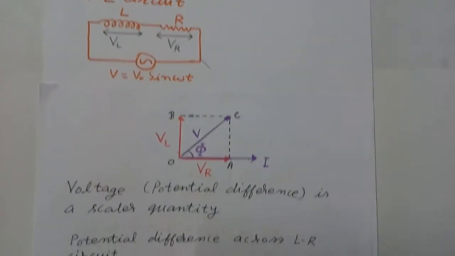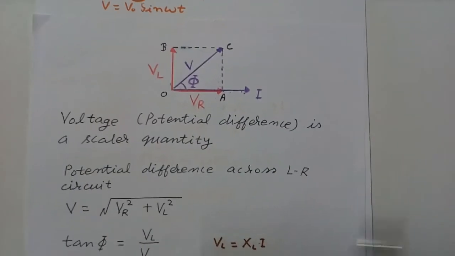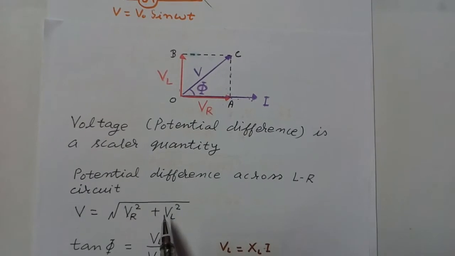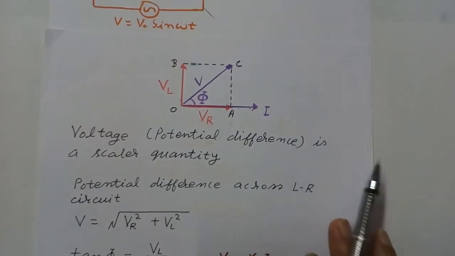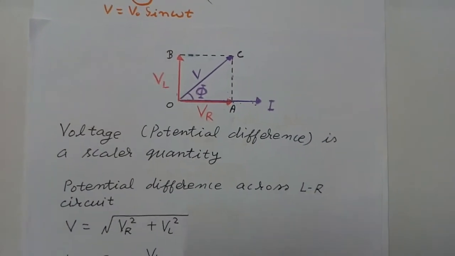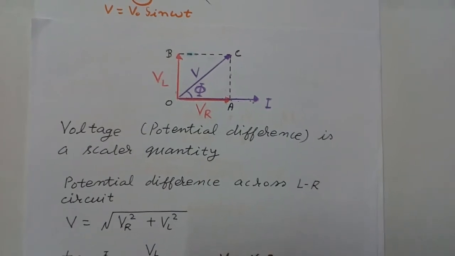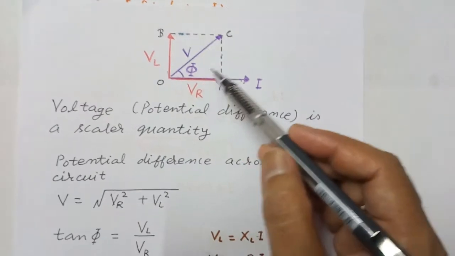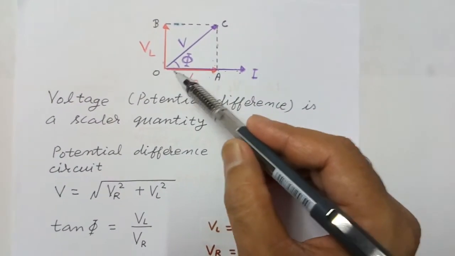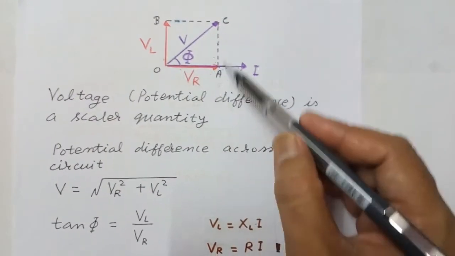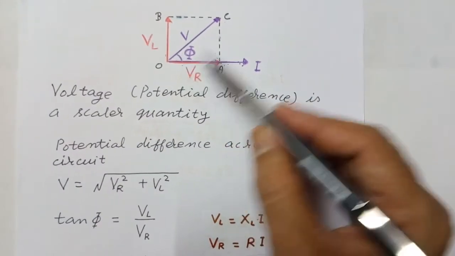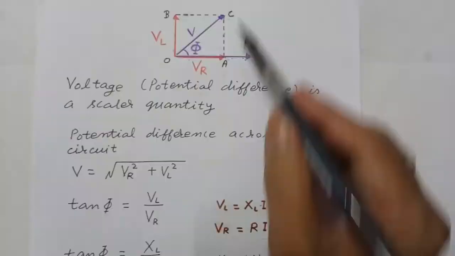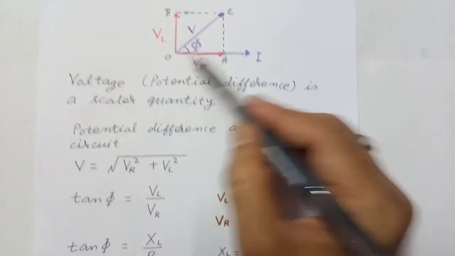So effective voltage V is equal to under root VR square plus VL square. This is not simple addition of VR plus VL. And phase difference between voltage and current is phi. So from this right angle triangle OAC, tan phi is equal to CA upon OA, so tan phi is equal to VL upon VR.